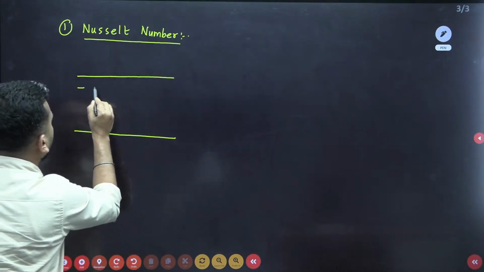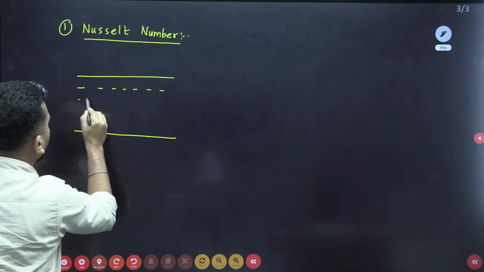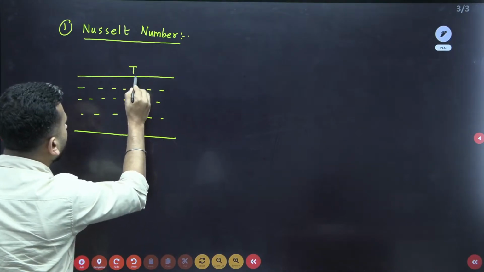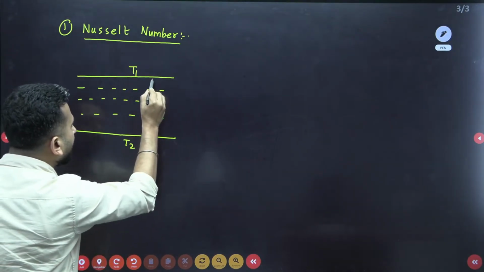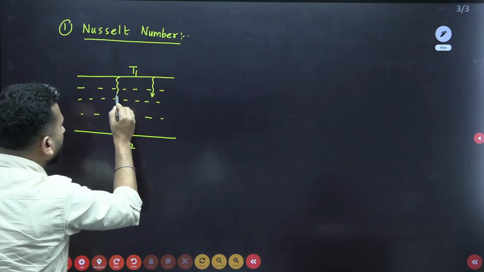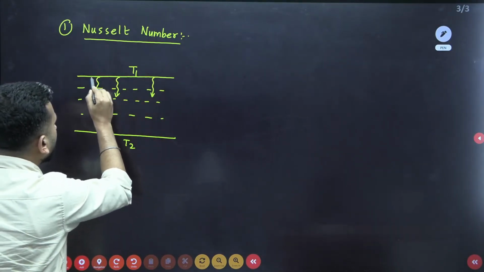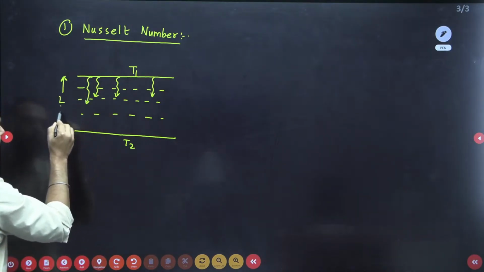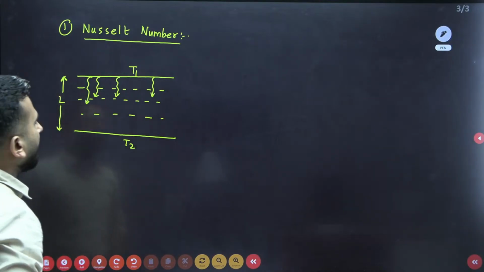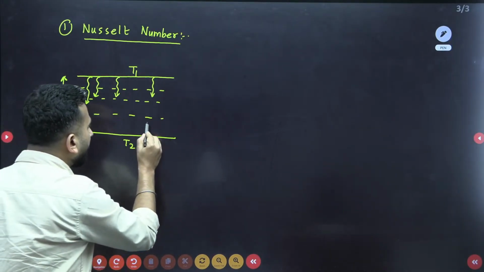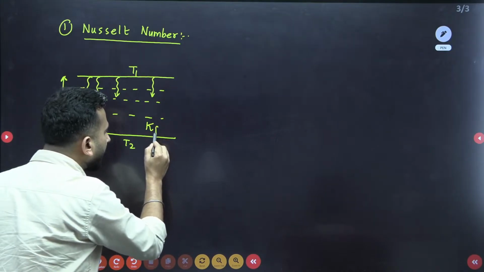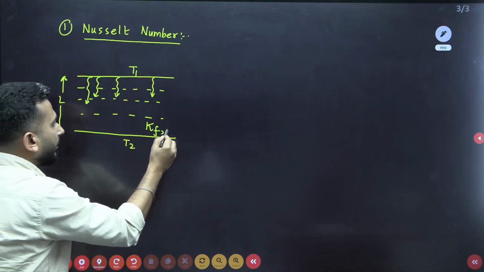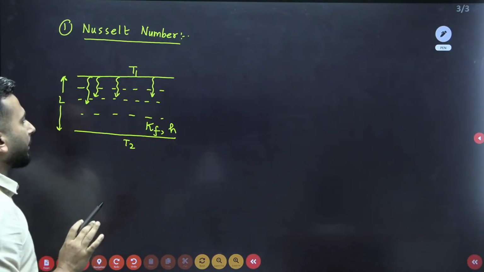I am showing it like this so that you will know that it is a fluid layer. It is having temperatures T1 and T2, and within this only heat is going to transfer. Let us say this length is L, within a distance of L heat transfer is taking place, and the conductivity of the fluid is Kf. The heat transfer coefficient will be h. I am assuming all these are the properties.